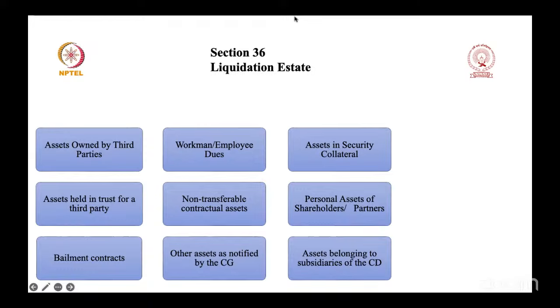So if you're a corporate guarantor and there is a CIRP initiated against such corporate guarantor, what is the consequence you're asking me? Would you please put this question on chat, please? It will be great help.